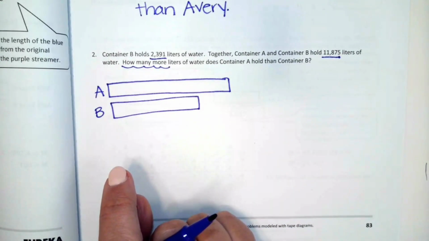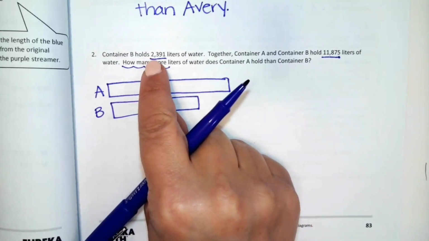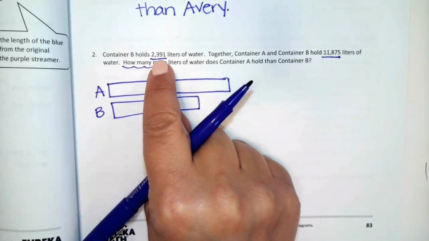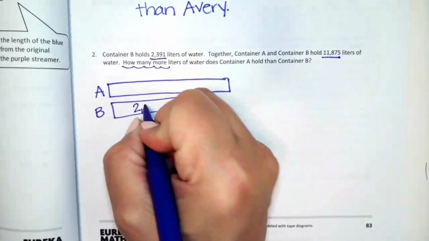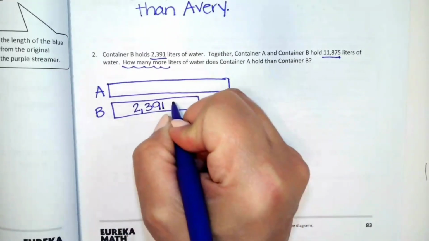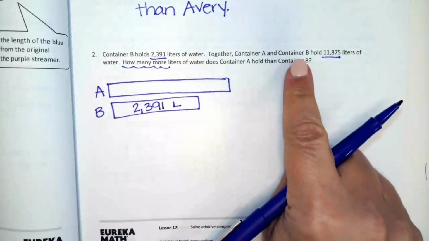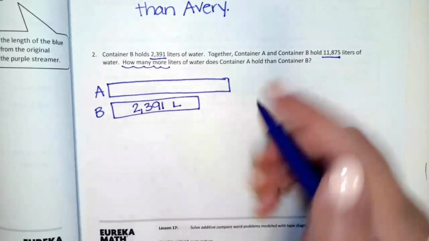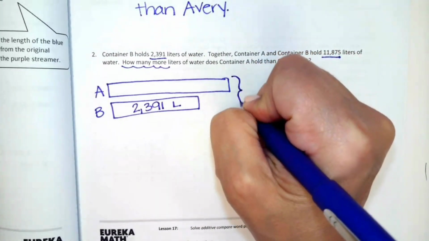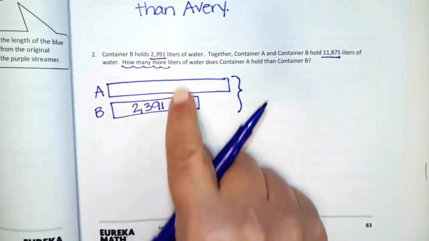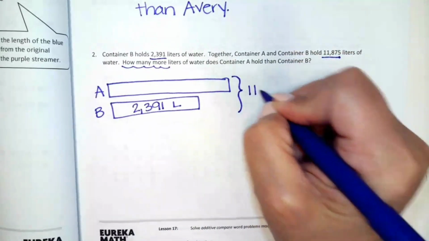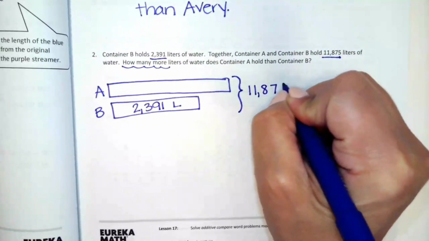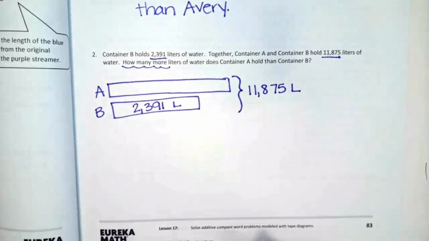Okay? It does tell me container B holds 2,391 liters. So I'll write that for container B's tape. And then it tells me how much they hold together, both of them. So when we do it like this, that means together they can hold 11,875 liters.